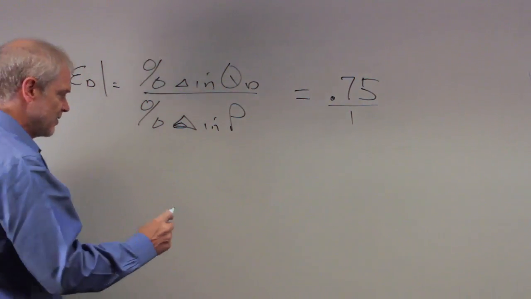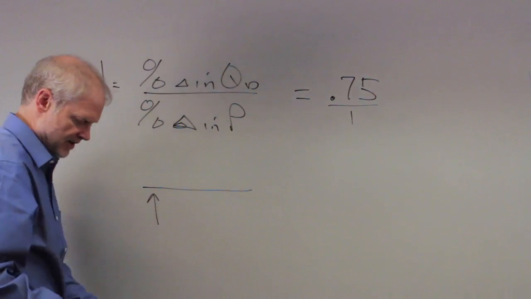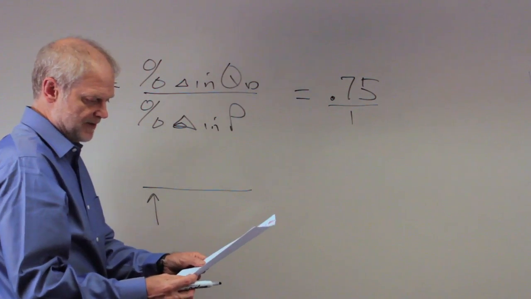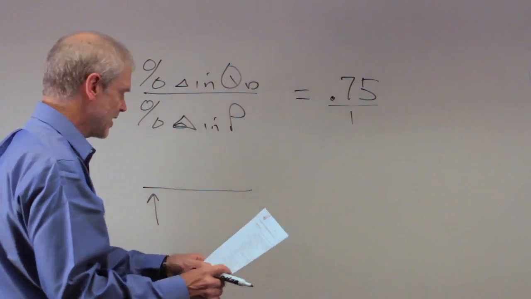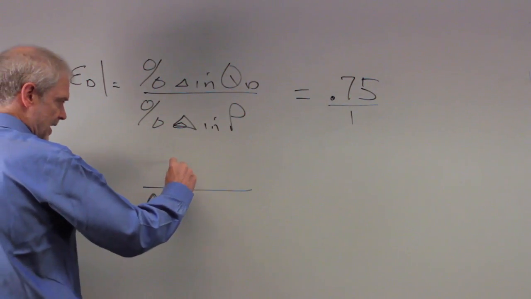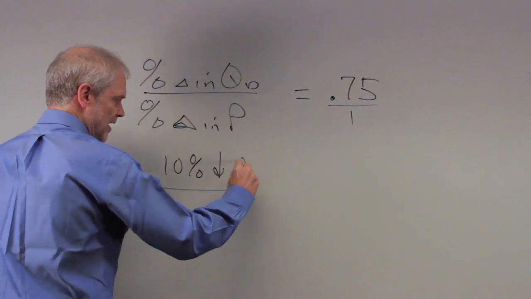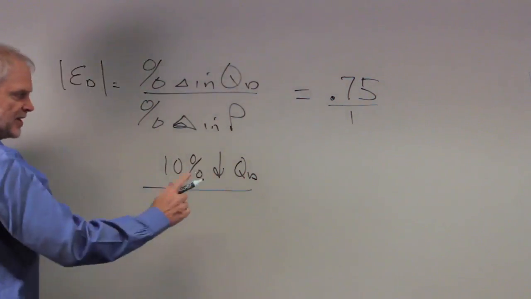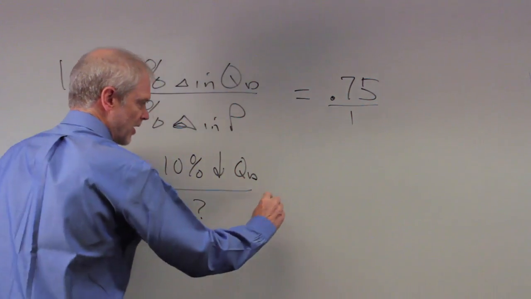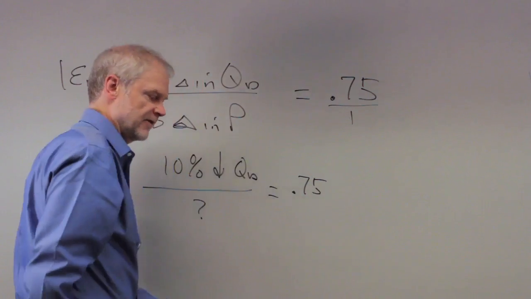Now in this particular case they're giving you this. They're saying you increase price, all right? It says a 10% decrease in quantity demanded. So we're going to have a 10% decrease in quantity demanded. My mistake here. So you've got a 10% decrease in quantity demanded, question mark, and that has to be equal to 0.75 again.